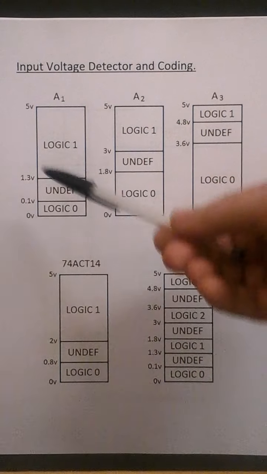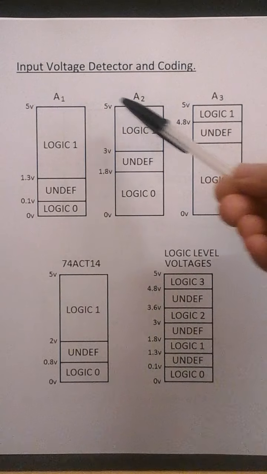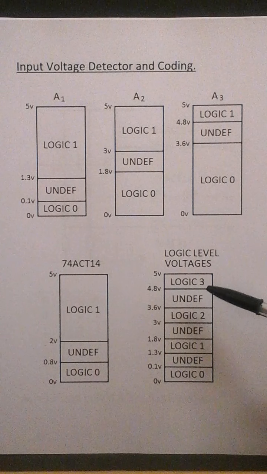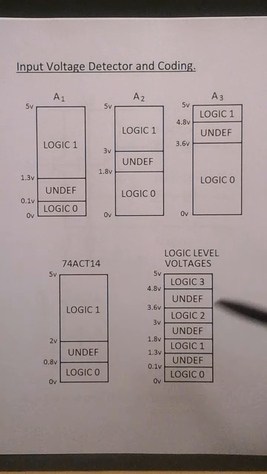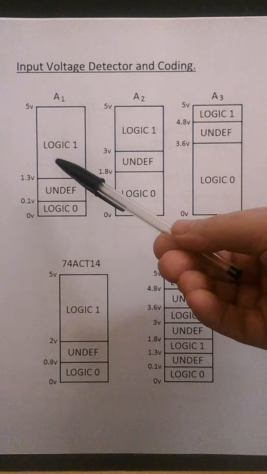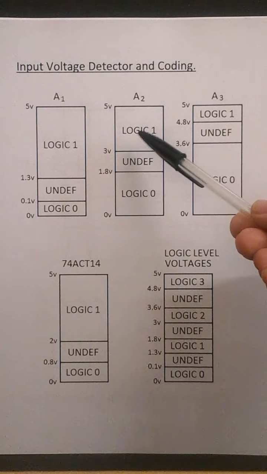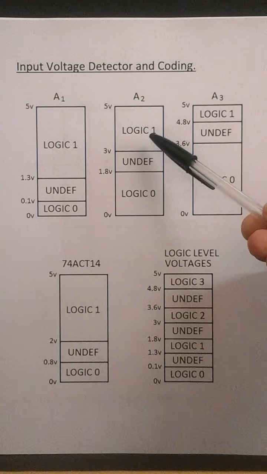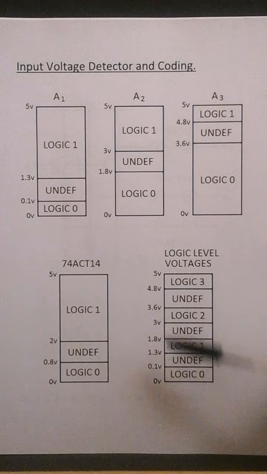So when you combine all these together, you get the multiple valued logic state. A logic 3 is when A1, A2 and A3 are all logic 1s, and that is 4.8 to 5 volts. A logic 2 is when A1 and A2 are logic 1s, so that's 3 to 3.6 volts.